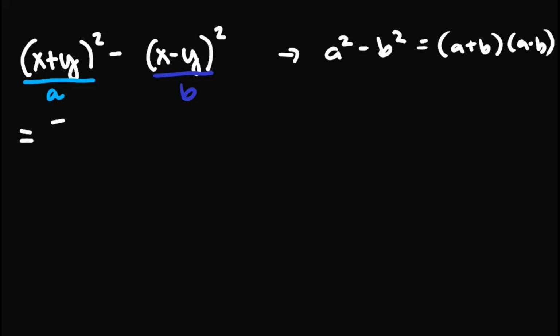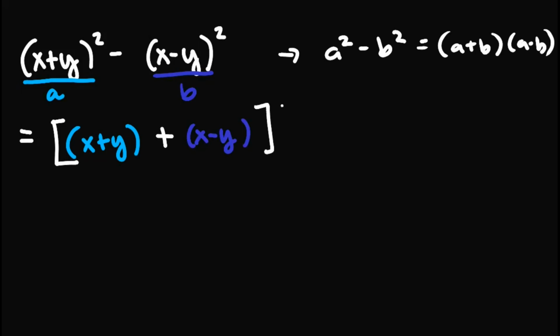So we can write this one as a, in this case, is x plus y, plus b, in this case, is x minus y, times a minus b, which is x minus y.